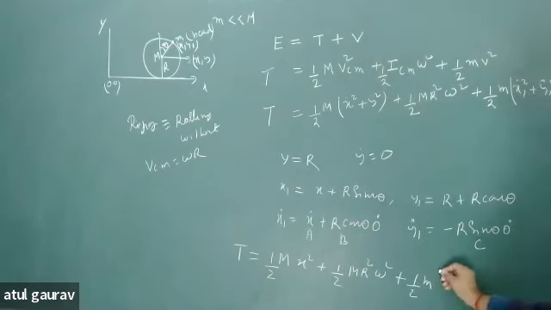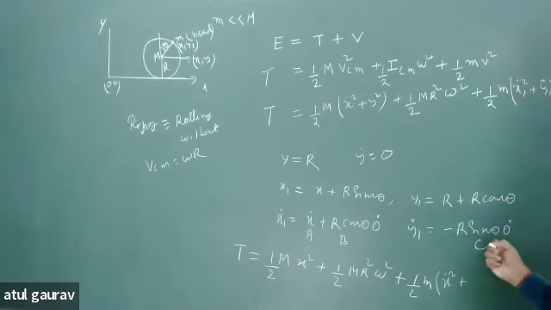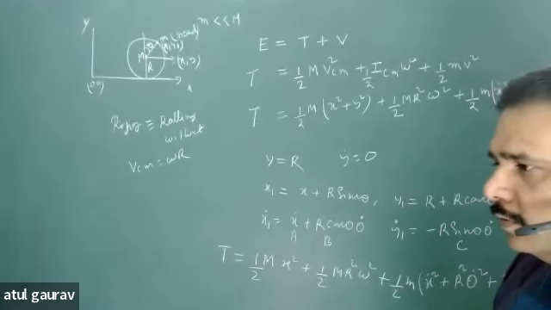What will x1 dot square be? x dot square plus r square theta dot square, plus the cross term will also be there. What will be this value? 2 x dot theta dot r cos theta. Can you see it? This is a very big problem.